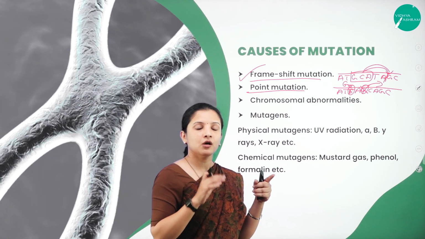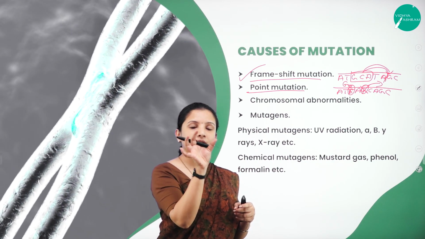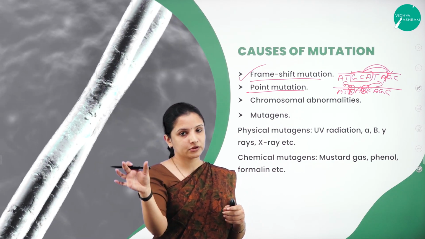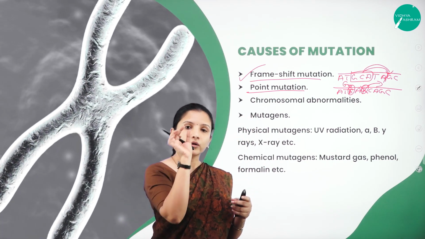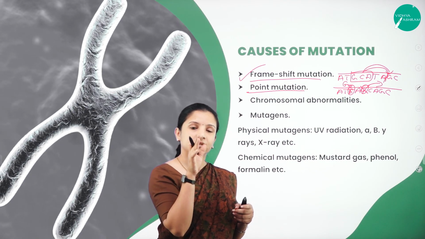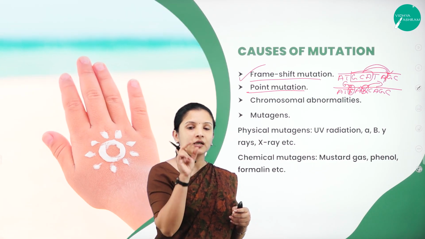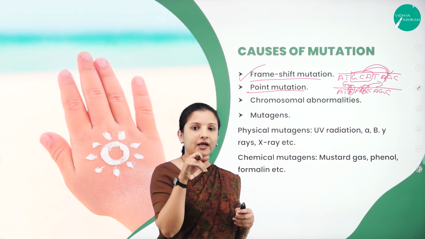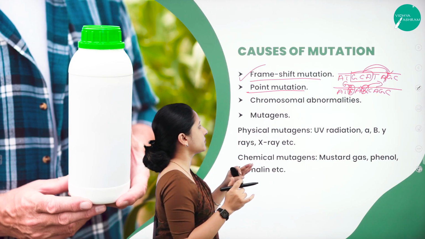In frame shift mutation, one stretch of the DNA strand moves to another position on the DNA strand. But in point mutation, only one nucleotide is considered, either A, G, C or T. That single nucleotide may get deleted or inserted. That is what happens in point mutation.